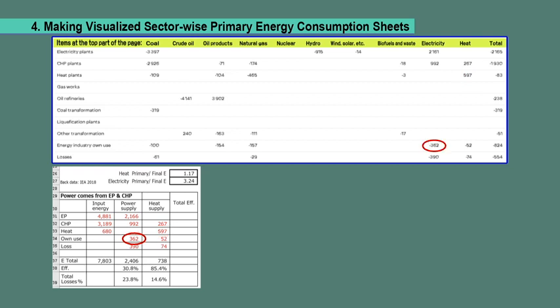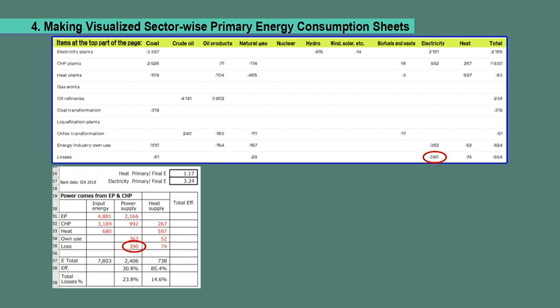Next is energy industry own use, which is the electricity used in power plants. Enter 362 from electricity in the energy industry own use row. Next is energy industry own use, heat for thermal plants. The heat column shows 52. Enter this.